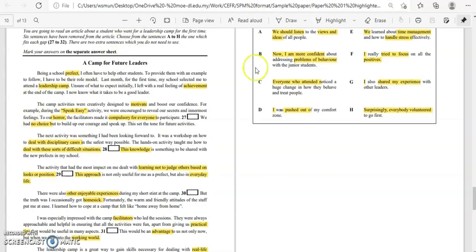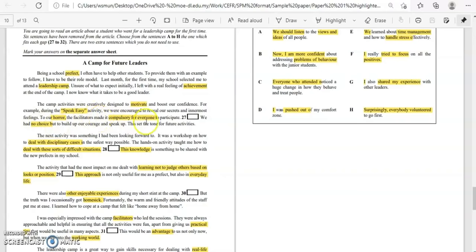Let's look at the options given here. Which one also has similar meaning with compulsory and no choice? It is option D, "I was pushed out of my comfort zone," right? The phrase "push out" also has similar meaning with compulsory and no choice.